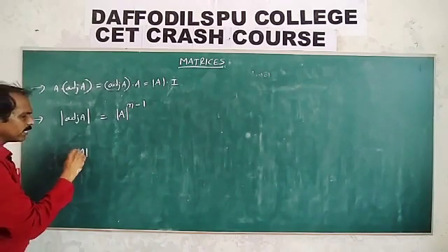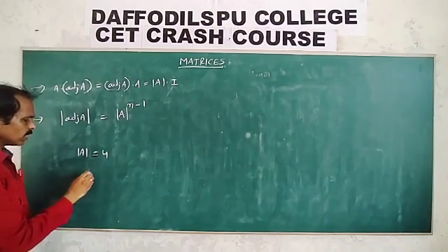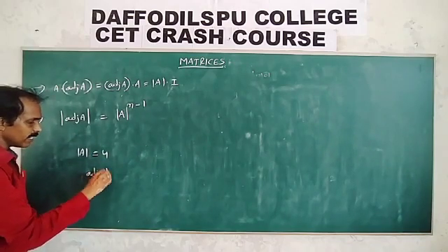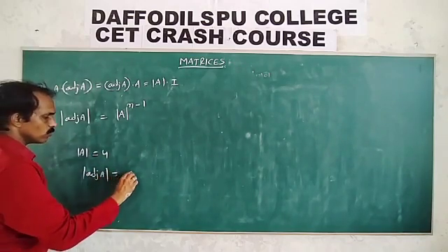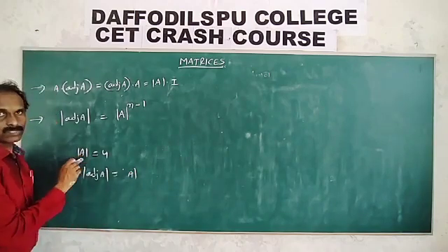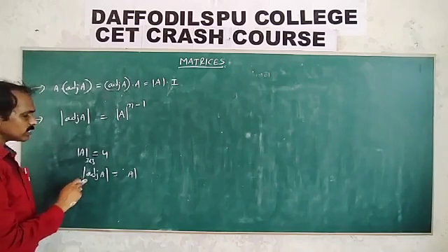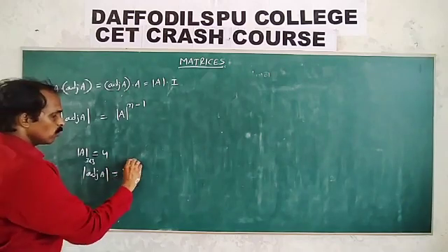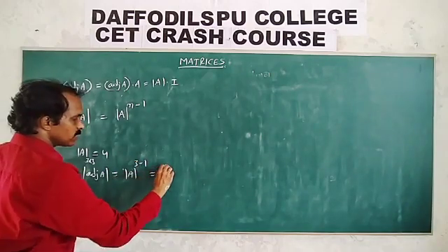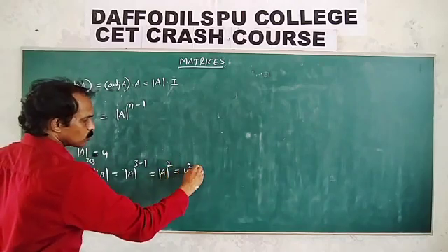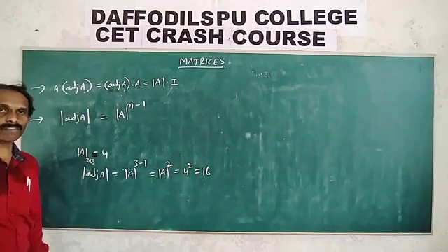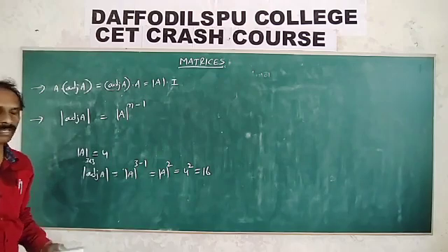For example, order 3 by 3, det A is equal to 4. What is det of adjoint A? Det A whole to the power of 3 minus 1, that implies det A whole square, 4 square, 16. So this is the formula.